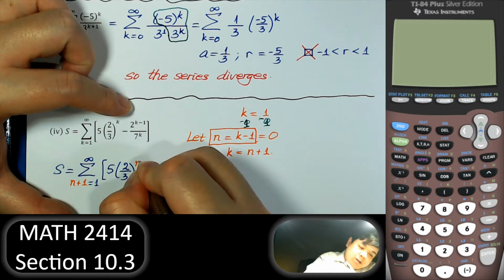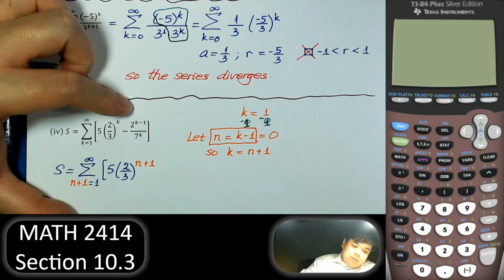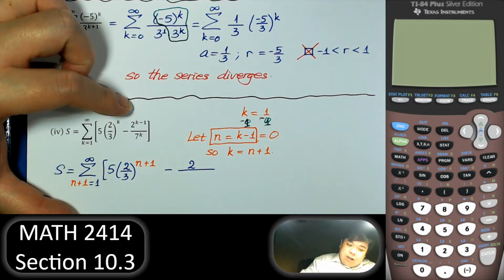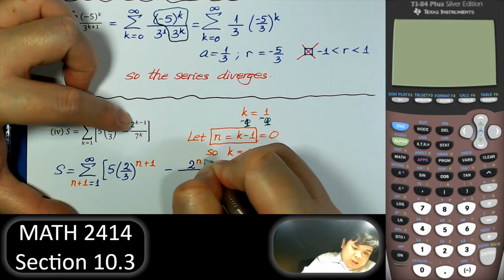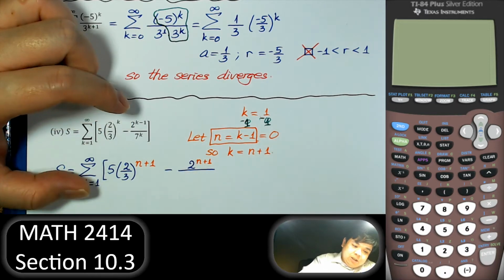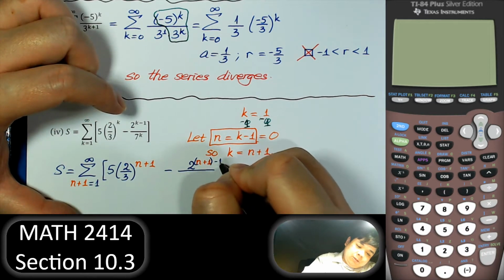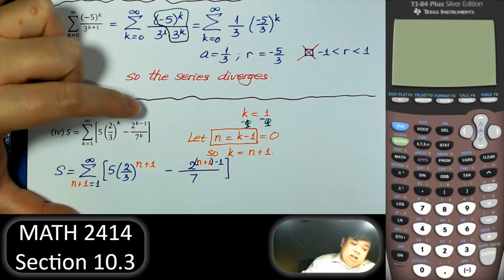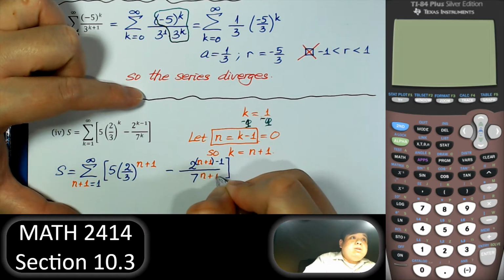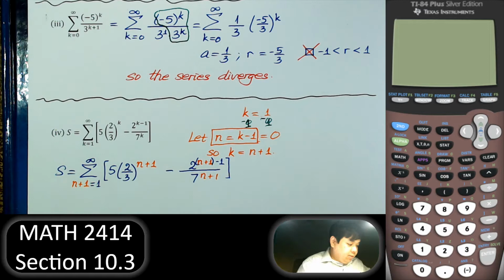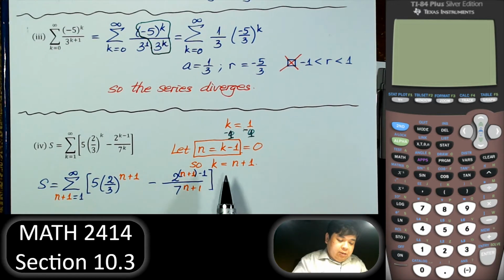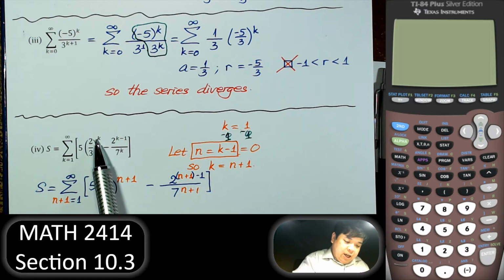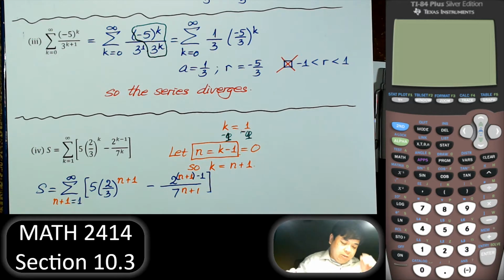K is n plus 1, k is n plus 1, and k is n plus 1. So pretty much we substitute n plus 1 in all of the places, because that's what we have here.